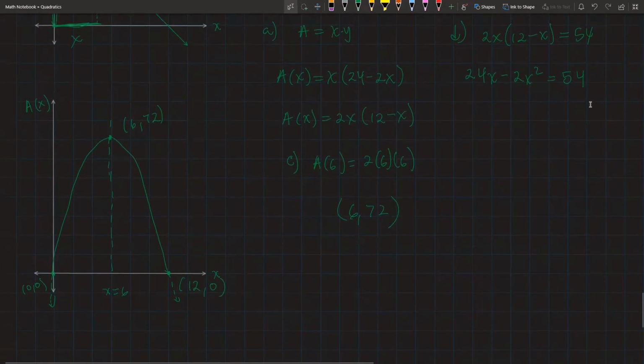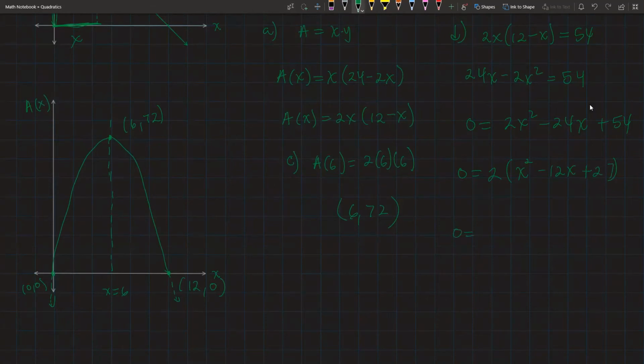Anyway, pretend you didn't hear that. 0 equals 2x squared minus 24x plus 54. And let's factor out the greatest common factor, which will give us inside an x squared term, minus 12x plus 27.